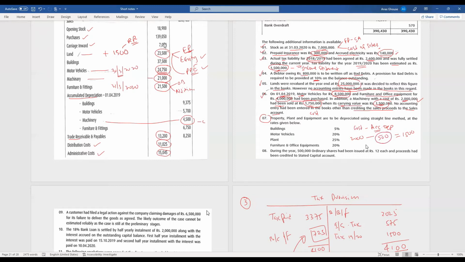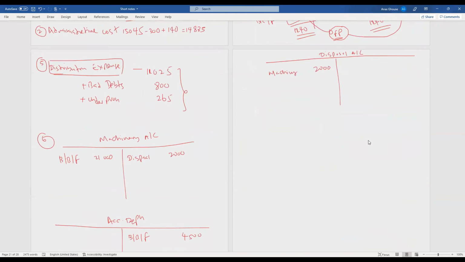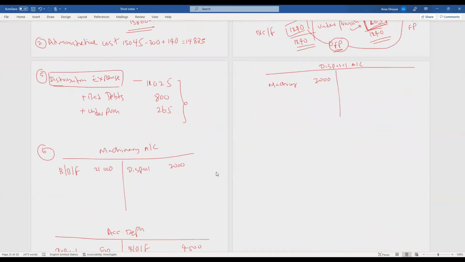This has to be removed from the accumulated depreciation account, not 1.5 million. If you remove 1.5 million, which is wrong, that is the carrying value. So accumulated depreciation relating to this 2 million is 500,000. This has to be transferred to the disposal account, 500. This is accumulated depreciation.